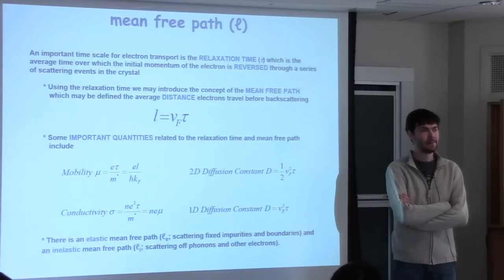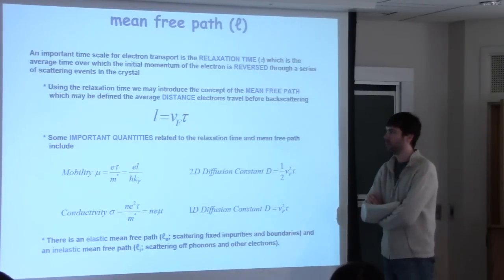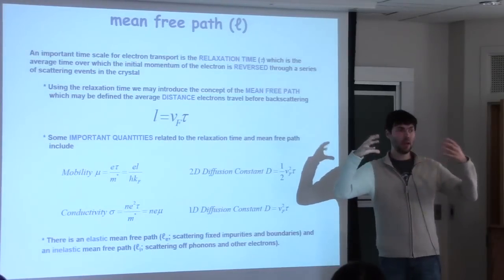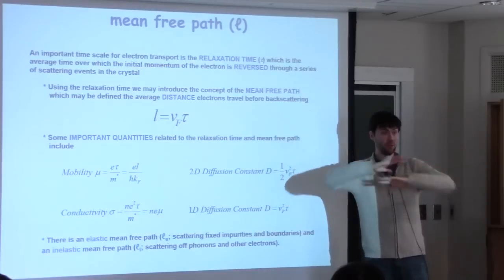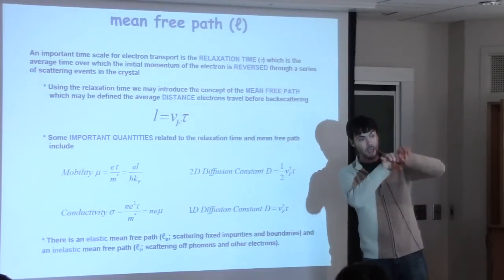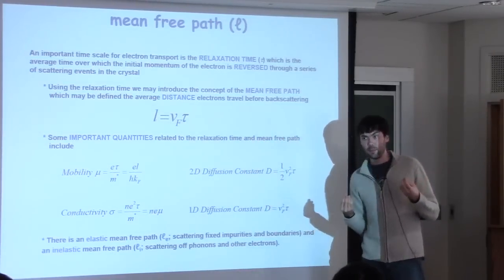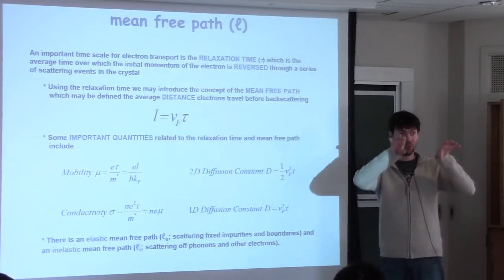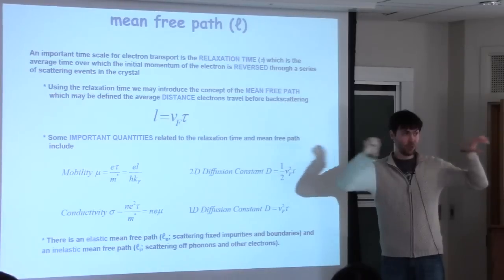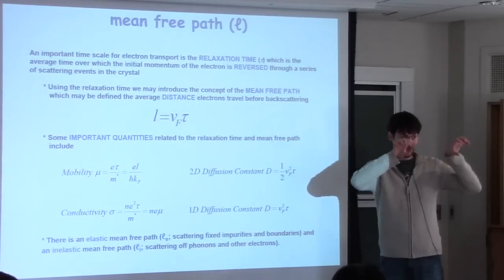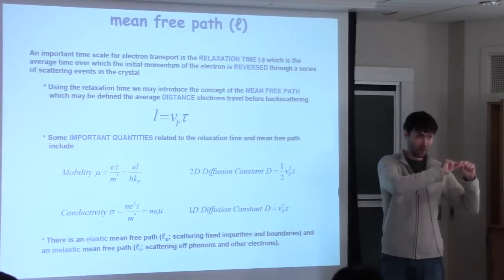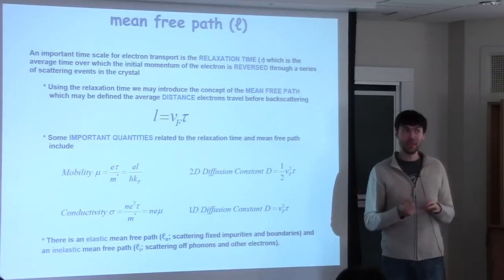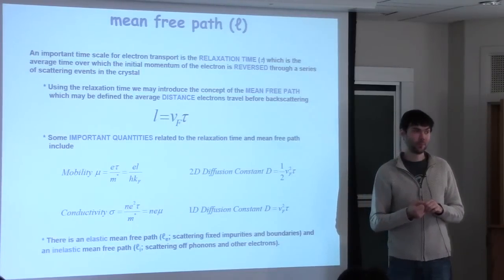The naive first reaction would be to say that if you artificially confine your structure, so it was a bulk three-dimensional structure and then you made it into a nanowire, my guess would be that you have reduced the mean free path, because you've put a surface, which is a scattering center, very close to the electron. So in principle, crossing the nanowire once along the diameter might be enough to randomize the momentum.